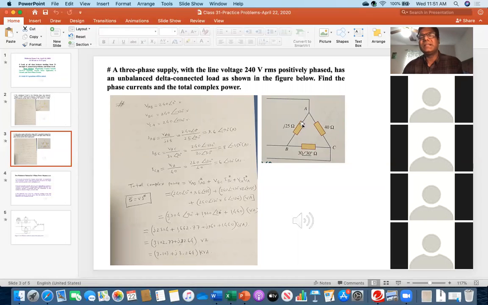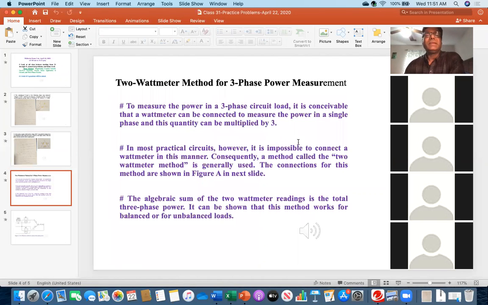It is not clear whether it is Y or delta. That's why it is not practical, or it is difficult, to connect a wattmeter in that way.